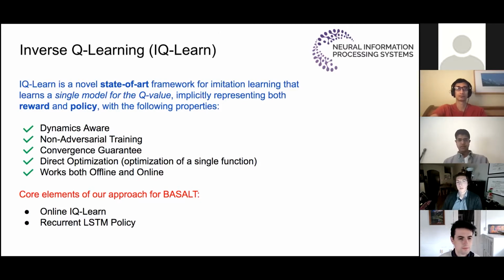So first, it's dynamics aware, it's non-adversarial, you can get robust convergence guarantees. It has very simple optimization, it can work both offline and online. For our BASALT approach, we essentially use an online version of IQ-Learn, with access to the simulator and a recurrent policy. And we found that is very good in itself without too many modifications.